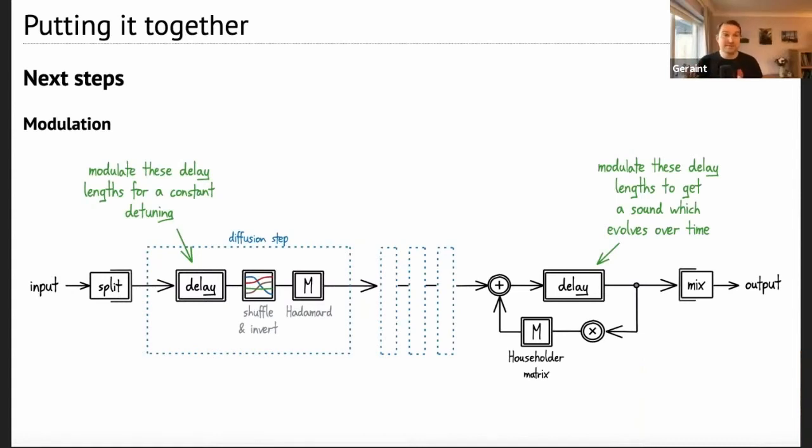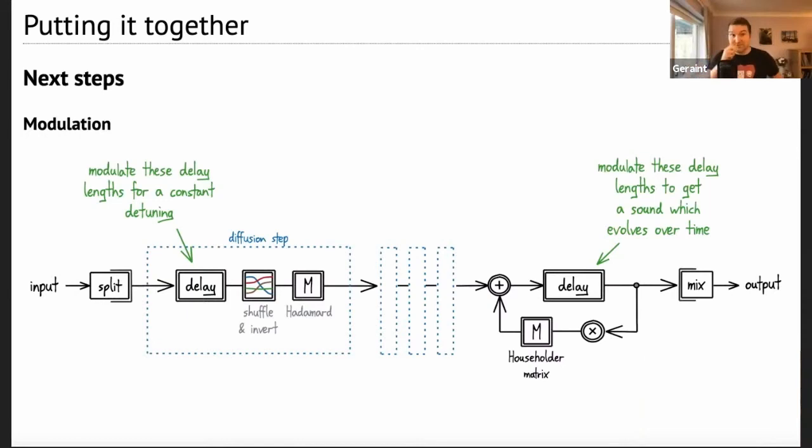There are a couple of places you might want to do this. You could modulate in the diffuser, and this will give you a kind of fixed amount of detuning, kind of like a chorus. Or you can modulate the delays in the feedback loop, and this means the detuning builds up and builds on itself over time, and that sounds really cool.